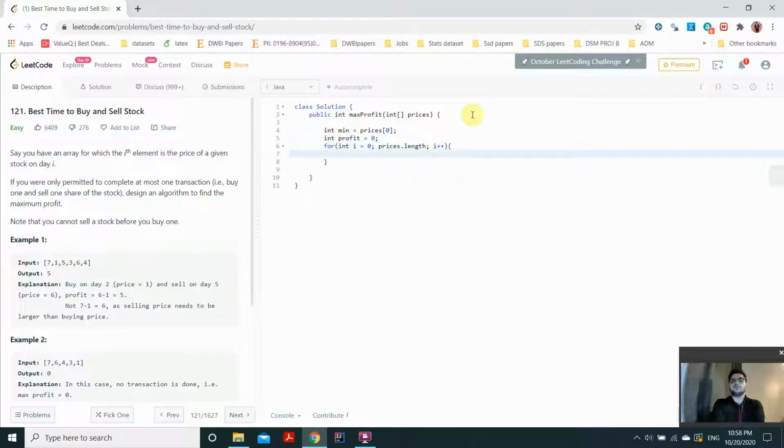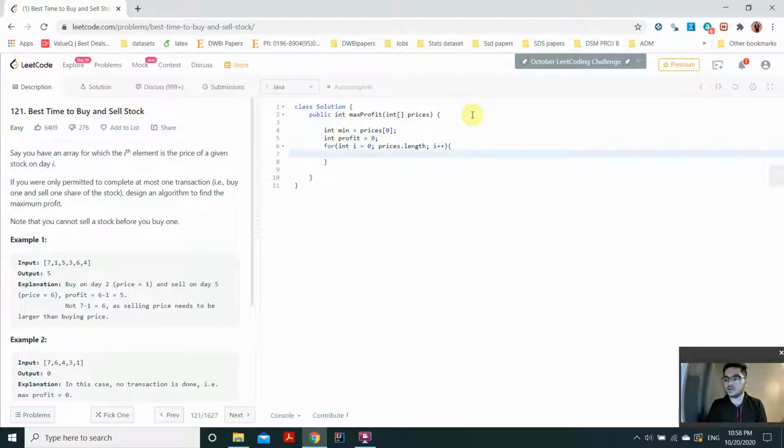Now what would be the condition which would help us reach our optimized goal? First we need to check whether the current value is greater than the minimum value stored, which is the point where we would purchase the share.